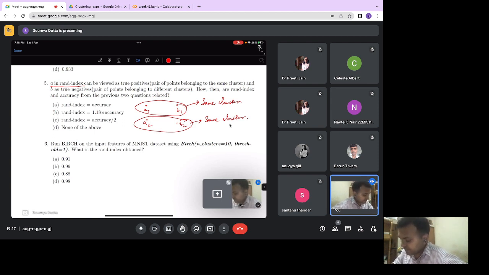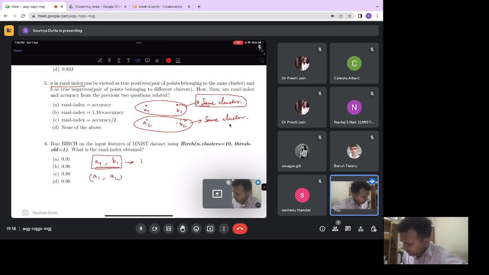Once you have your cluster assignment, you check. Suppose you choose A1 and B1, and in the ground truth you know that they belong to the same cluster. After you have done your clustering, you also check whether A1 and B1 are in the same cluster or not. If they are in the same cluster, then you add 1. Suppose you now choose A1 and A2. You know that in the ground truth they belong to different clusters.